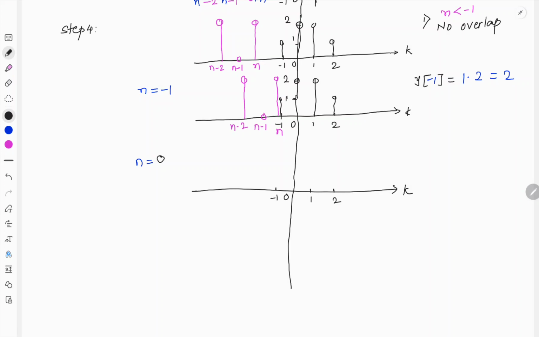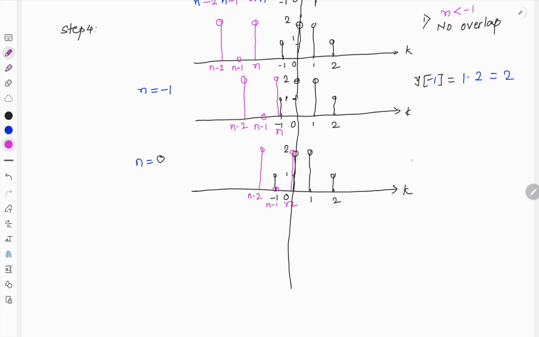First of all draw the x signal, then draw h of n minus k shifted towards the right. So at 0 we get amplitude 2, at minus 1 we have amplitude 0. So at origin n is allocated, at minus 1 it will be n minus 1, and here it is n minus 2.